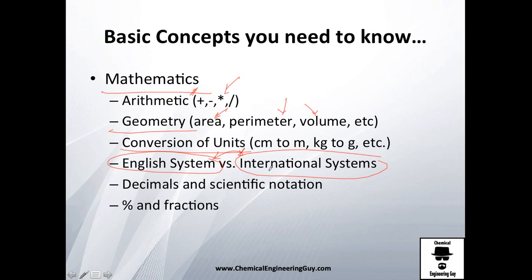For example, Fahrenheit to Celsius, BTU, which is British Thermal Unit, a measurement of energy, to joules, and all those kinds of units that we're going to see here. Please make sure you at least know the equivalents or you have a table behind you because it's going to help you a lot. Decimals and scientific notation, this is very important. We're going to work a lot with, for example, kilo, mega, micro even, etc. And where else? Percentage and fraction. This is important, especially for efficiencies, vapor quality, etc.